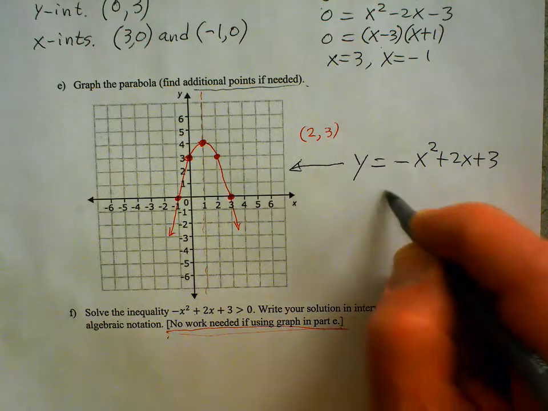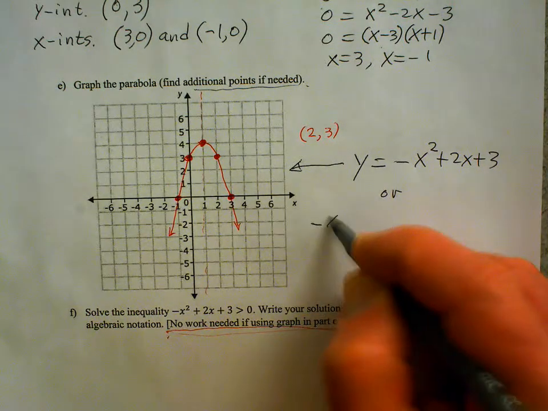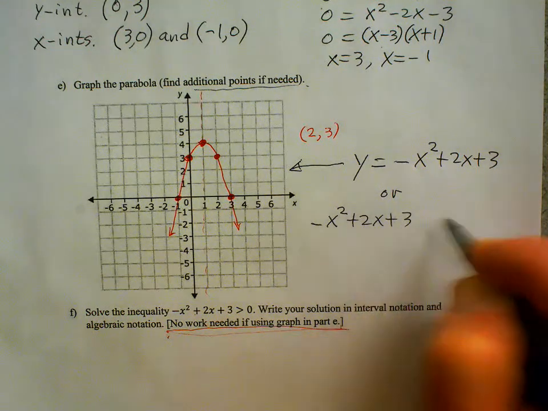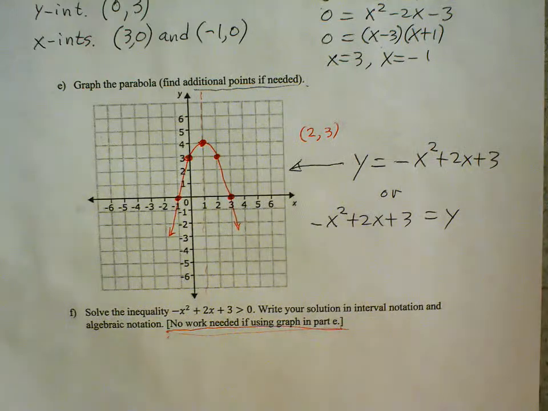Or you could think of it this way, -x² plus 2x plus 3 is equal to y. And then the inequality says we want -x² plus 2x plus 3 to be greater than 0.